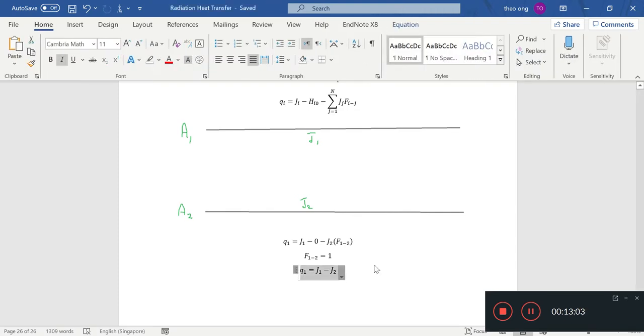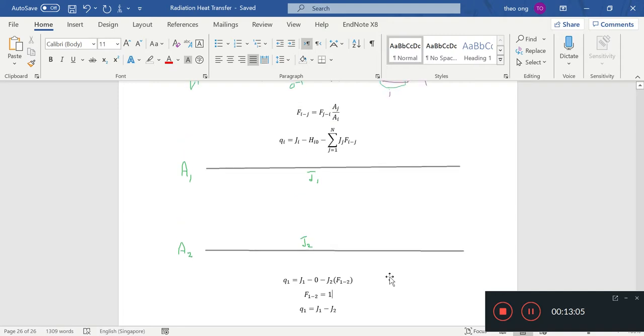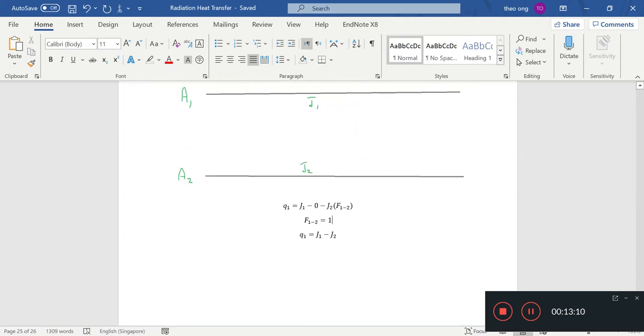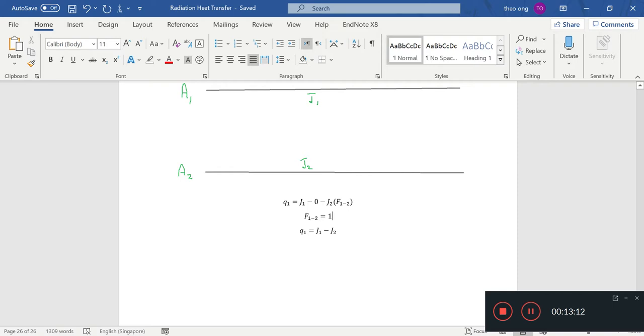Okay, so this is what we have in this case. So where is the current again? The current is basically this Q1 times A, and this is the so-called potential difference.